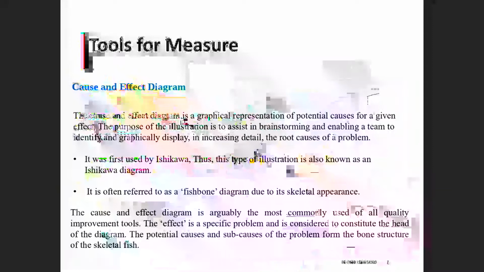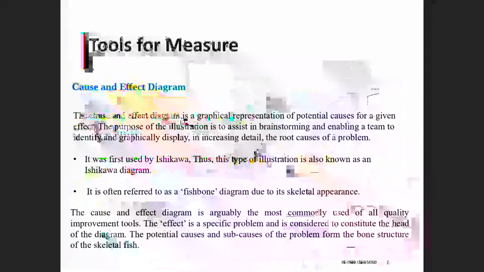Some tools appear in some phases, but it is really rare or impossible to see them in other phases. Like for example, you don't see it in define phase, maybe, or definitely improve or control. You don't see cause and effect diagram, but you commonly see it in measure and analyze.